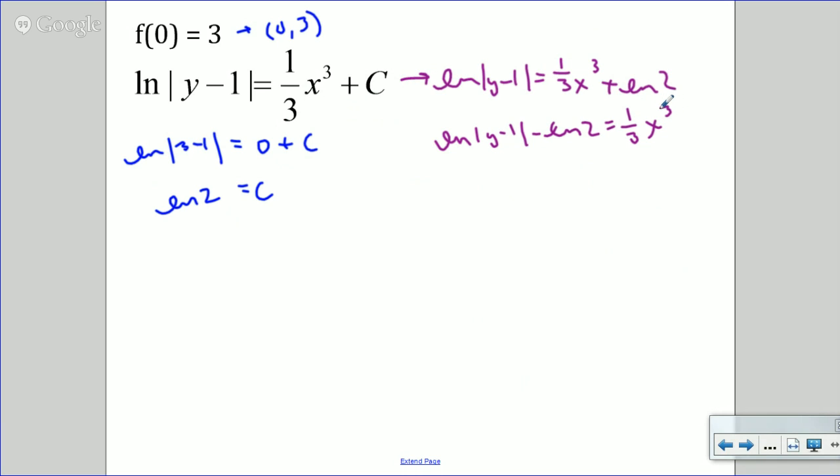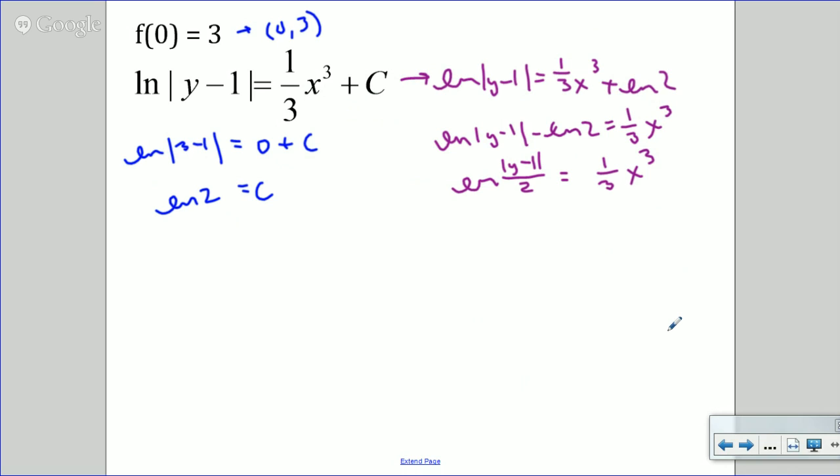Now the laws for logarithms say if we have subtraction in between these logs, I can combine these logs using what operation? Division. Just don't lose your absolute value bars there, please. Now I have just one ln, which is not as intimidating to work with.